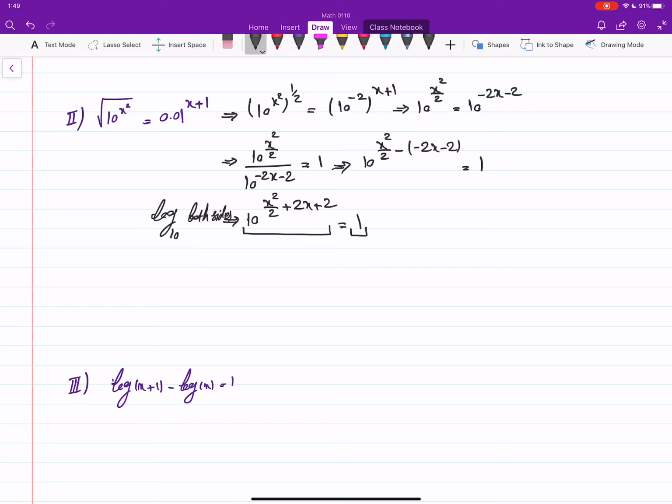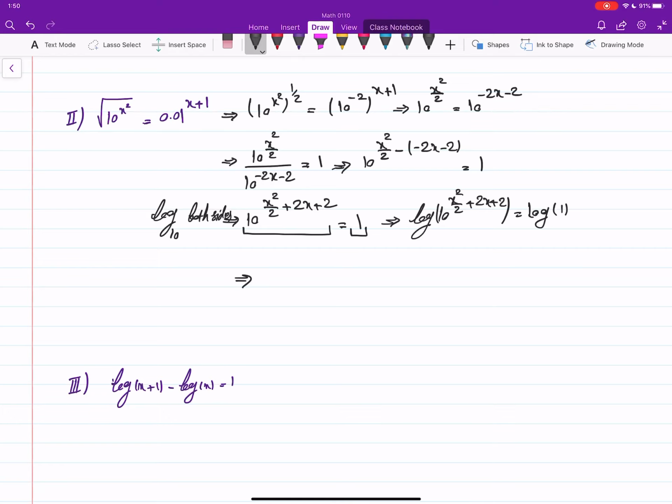This will give us log, by the way, when the base is 10, I don't need to write it. This is 10 to the power x squared over 2 plus 2x plus 2 equals log of 1.